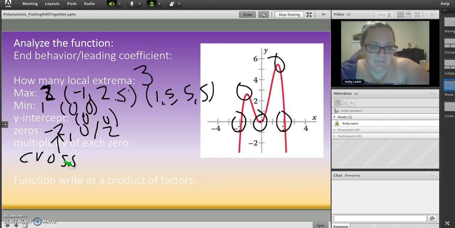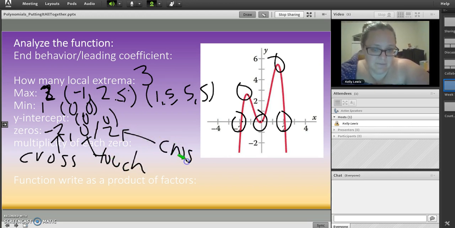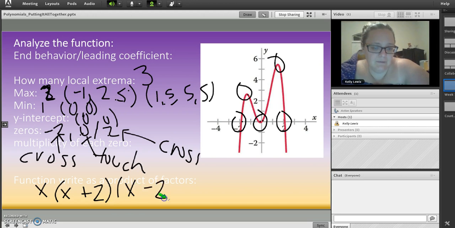It crosses right there. It means it's odd. It touches right there at 0 and turns around, and it crosses right there. So that means the multiplicity at 0 is an even number, it's squared. So the factor for negative 2 is x plus 2. The factor for 0 is just x. So I'm just going to write them in the front. And then the factor for positive 2 is x minus 2.